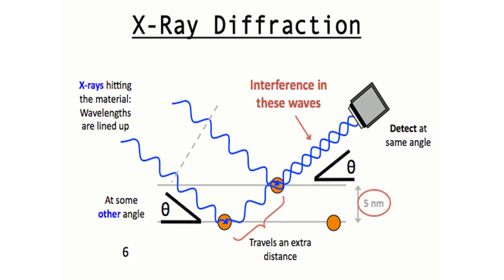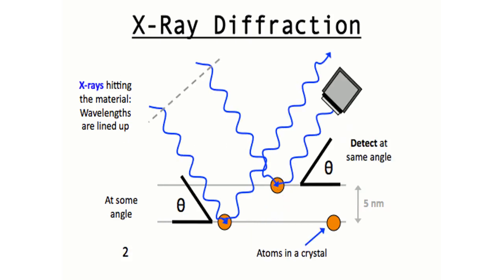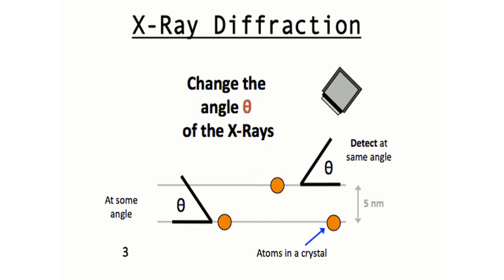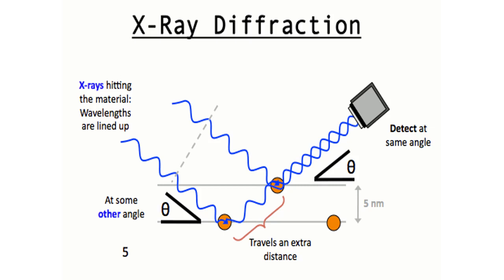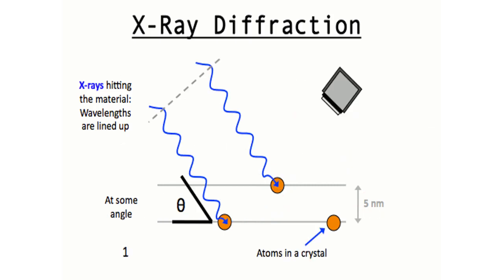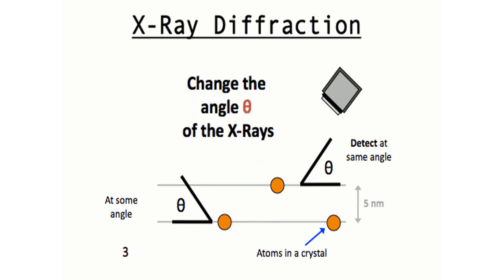Look at these structures. Here, two light beams, which are X-rays, hit two layers of the crystal. These yellow spots show the atoms present in a crystal.